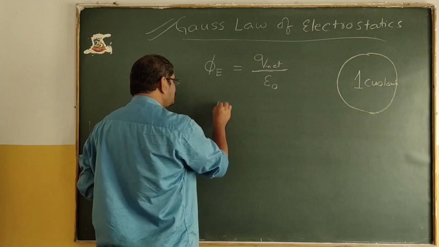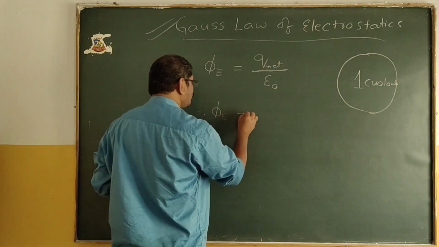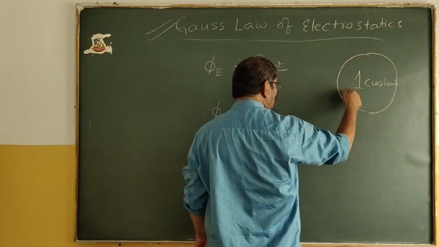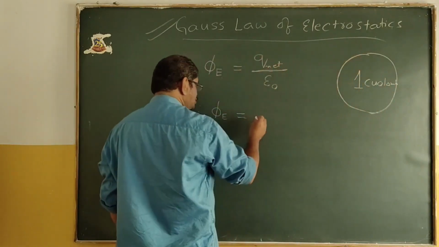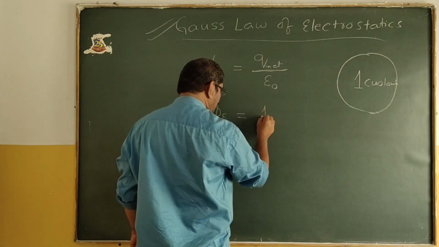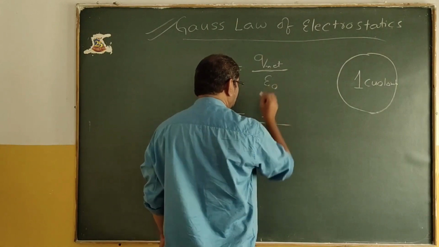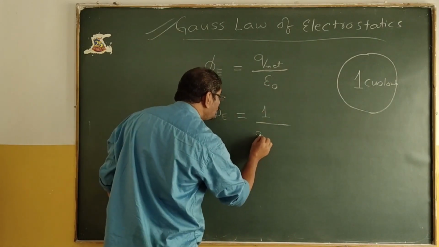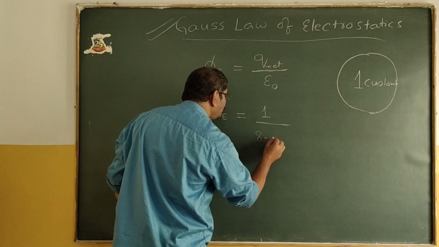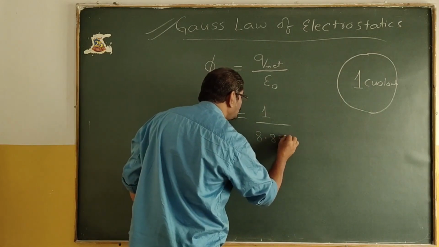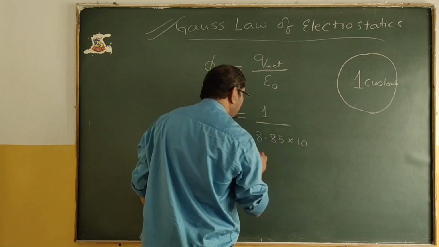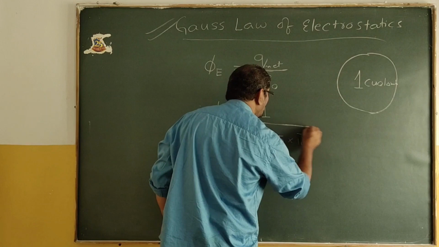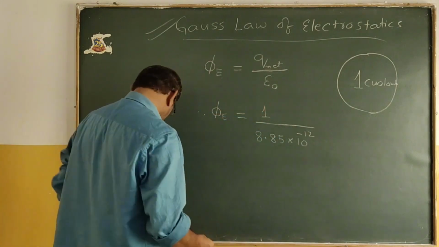Q net is already given as 1 coulomb of charge, divided by epsilon naught. Now what is the value of epsilon naught? You already know epsilon naught is 8.85 into 10 power minus 12.